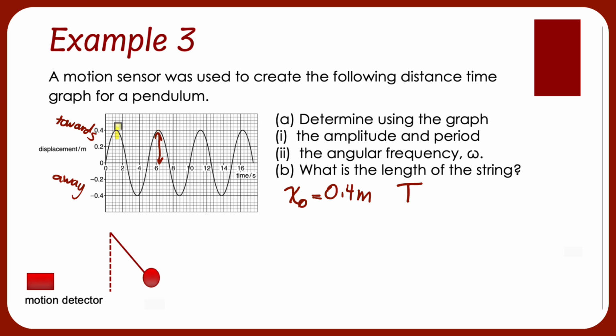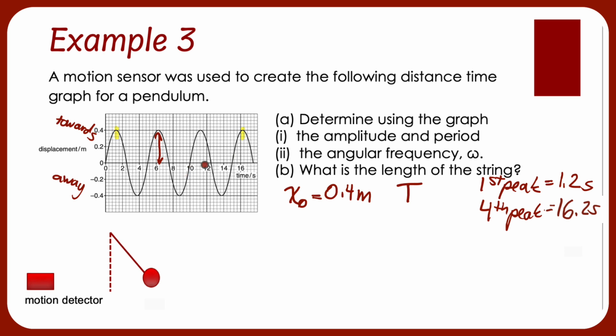And we could go from here to here, but to be honest, it's not quite perfect, and the IB is going to assume that you're going to measure to the nearest half square. So I would suggest you go 1, 2, 3, and measure this one over here as well. Now, when I do that, the first peak, I see that at 1.2, and the fourth peak is at 16.2.